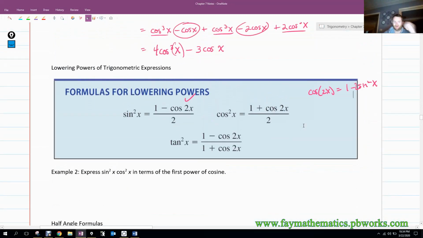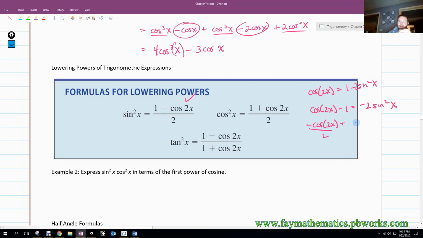And now if I just solve for sine squared, I'll subtract 1, so I get cosine of 2x minus 1 equals negative 2 sine squared x. And now divide by negative 2, so it's going to give me negative cosine 2x plus 1 over 2. Sorry, I did that wrong.